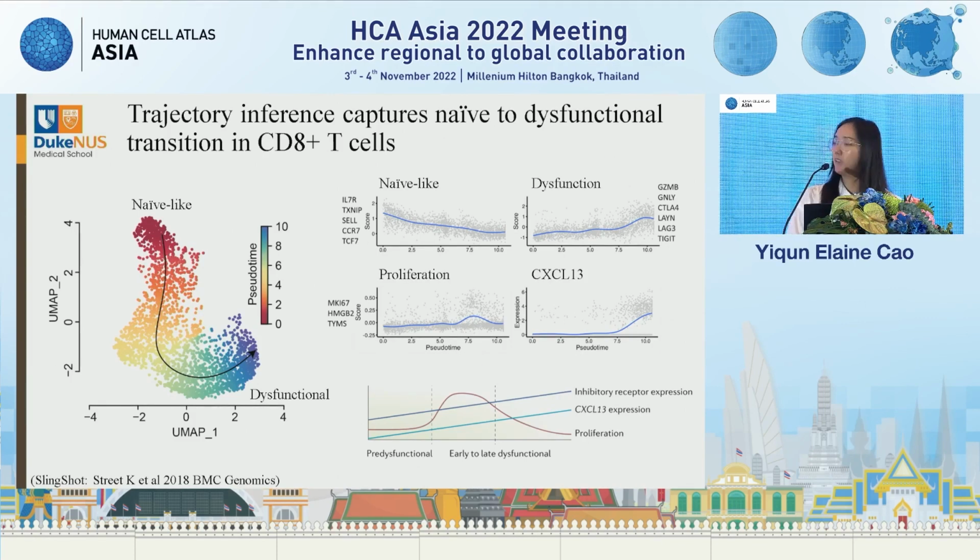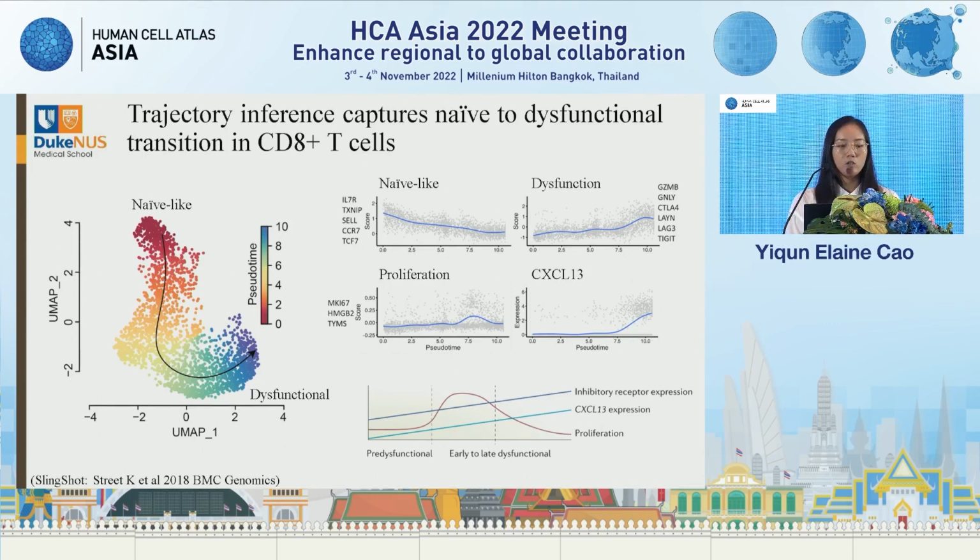And on the right, these score plots show that along the pseudotime, the cells gradually lose the naive markers and acquire dysfunctional markers. And there's also a bump of proliferation, which likely reflects expanding clones of tumor-targeting CD8 T cells. And also, we observe CXCL13 elevation at the end of the trajectory. So these plots replicate the feature changes described in the review paper I mentioned earlier.